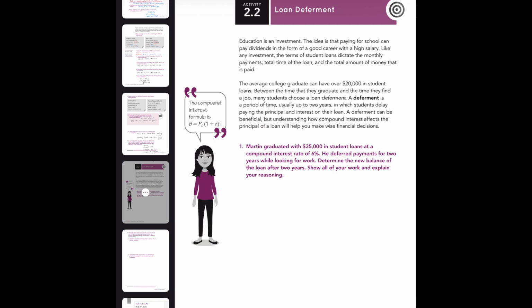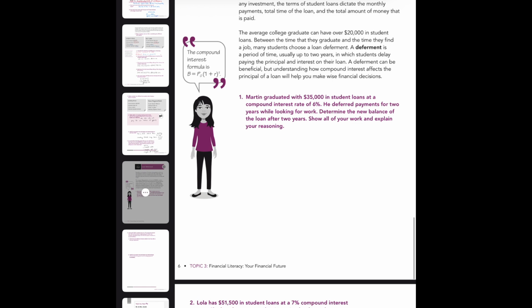So if we look at this example here, Martin graduated with $35,000 in student loans at a compound interest rate of 6%. He can defer payments for 2 years while looking for work. It says determine the new balance of the loan after 2 years. Well, again, our compound interest formula: original principal, 1 plus our rate, to an exponent of time.